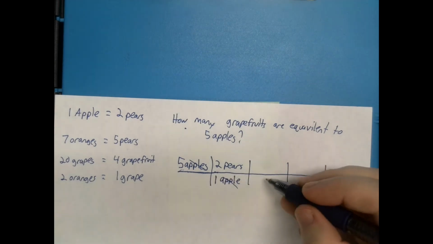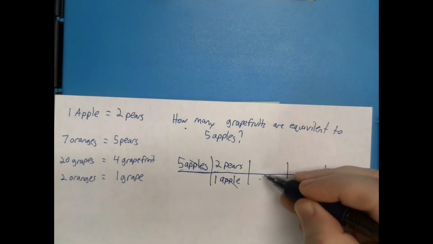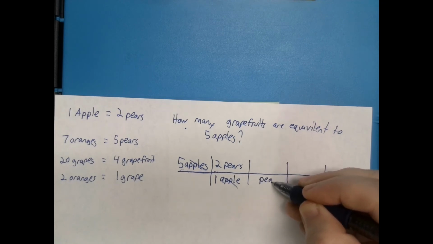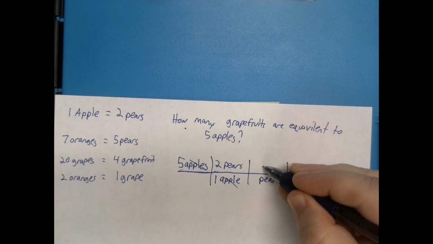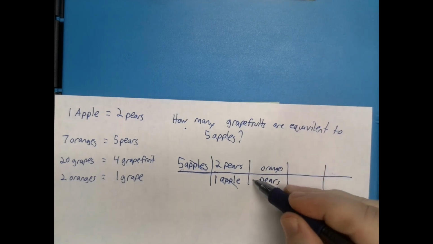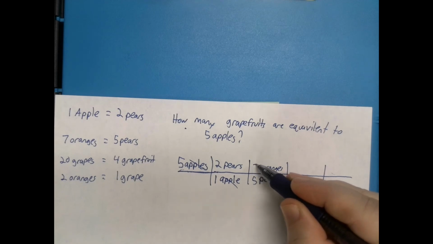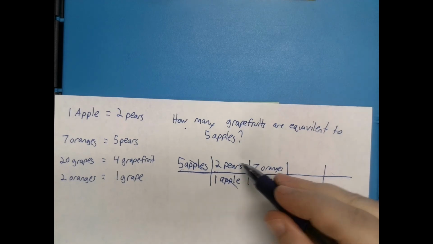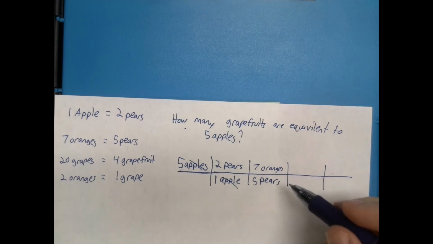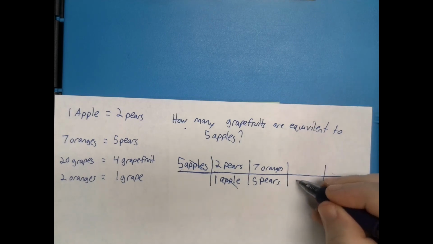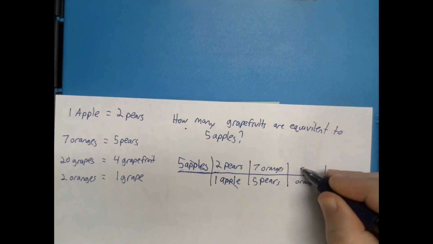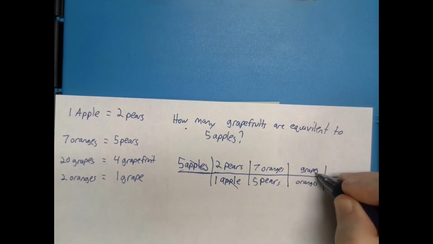Pears, we can convert pears into oranges. So we know that pears and oranges are equivalent. We can put pear on the bottom, oranges on the top. So it is 5 pears to 7 oranges. Pears cancel out, giving you oranges. Oranges to grapes. So to get rid of oranges, we put oranges on bottom, grapes on top.